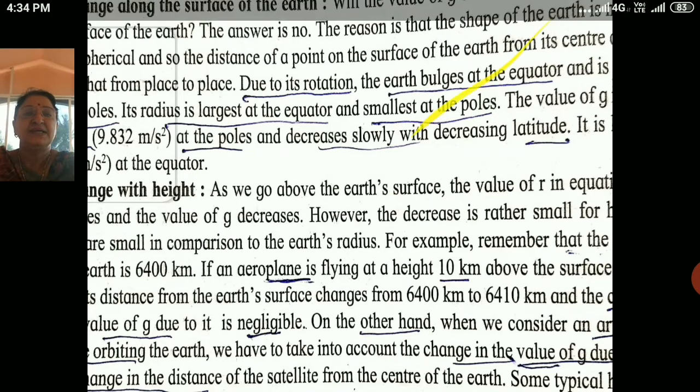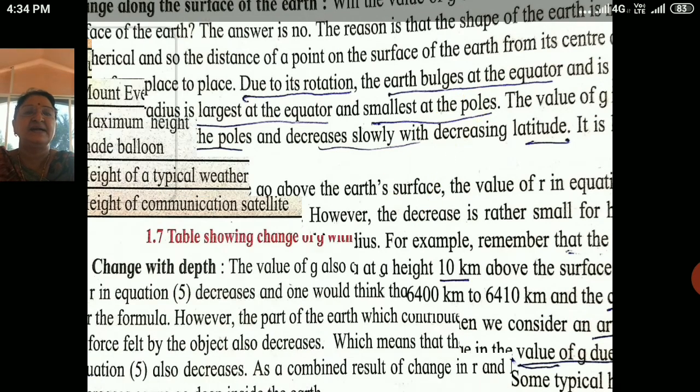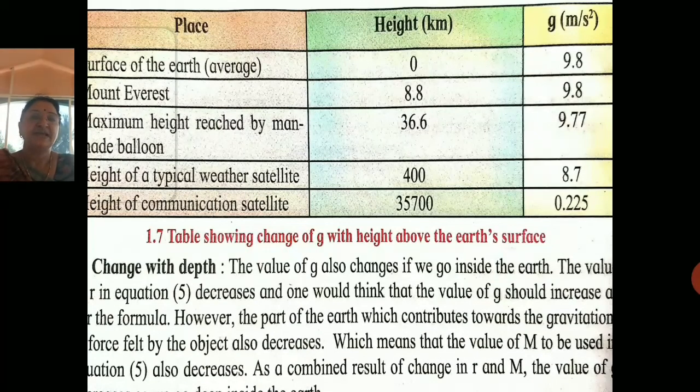Now, third condition, that is the variation in the value of g with depth. Now, as we go inside the earth, that is towards the center of earth. We know that earth is spherical in shape, or elliptical, oval shape.